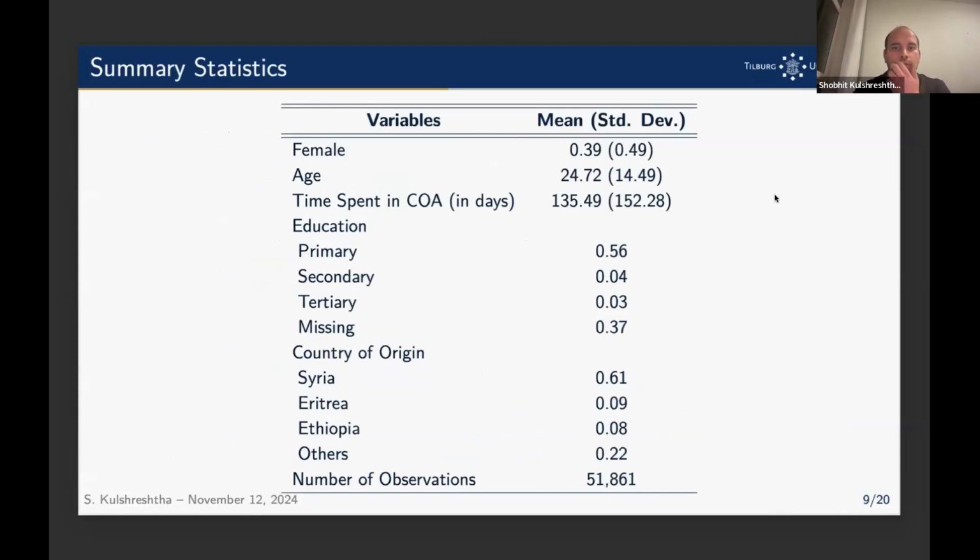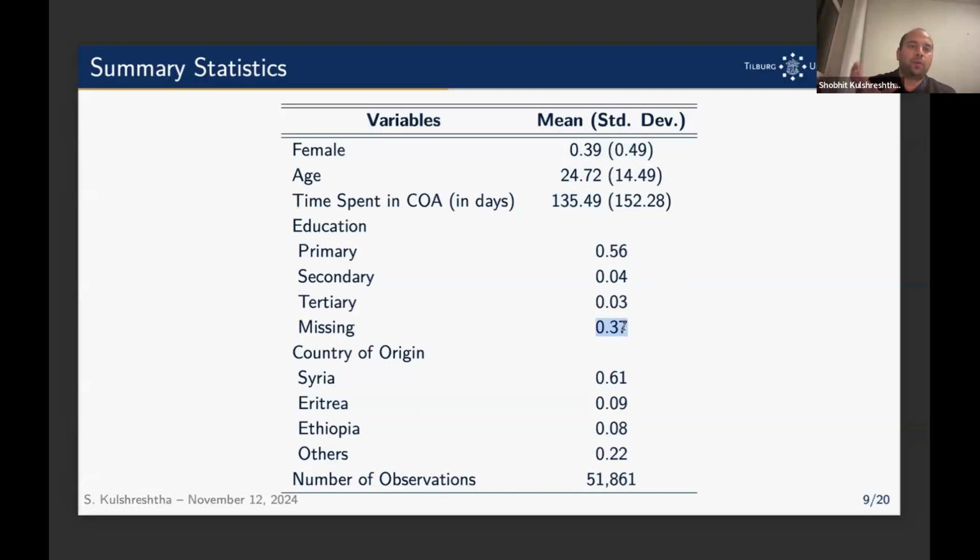Just to show you how these people look, the majority of them are males, because these are the first ones to migrate, and fairly young. I also mentioned this before: for around 135 days, they stay in these reception centers. For education, for almost 40% of the population I do not know their education, but most of them are children and a really old population.